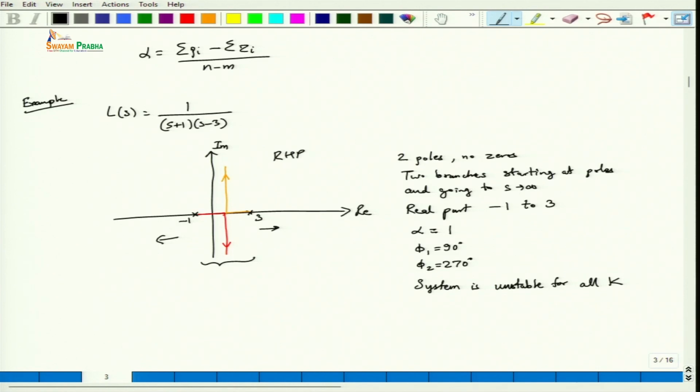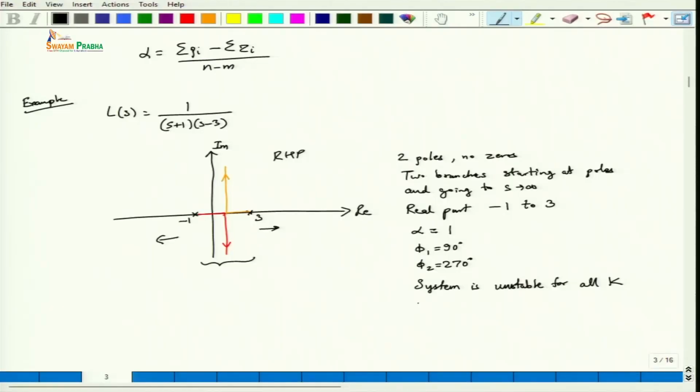Basically, if we are just given this system and we consider that a controller is only a constant gain, then the poles of the closed loop system have to just move along this root loci.